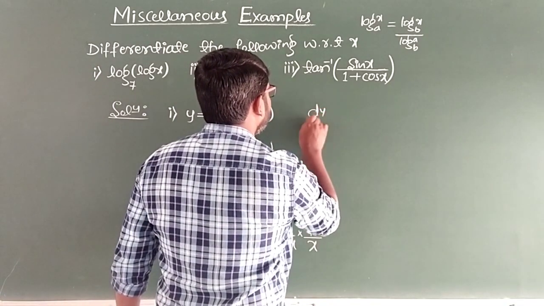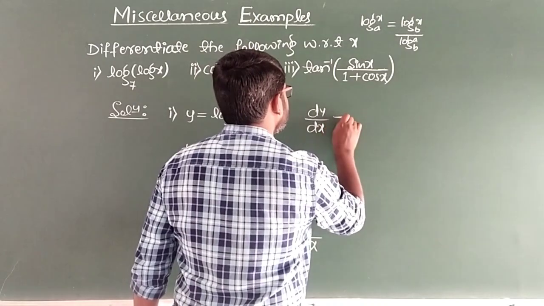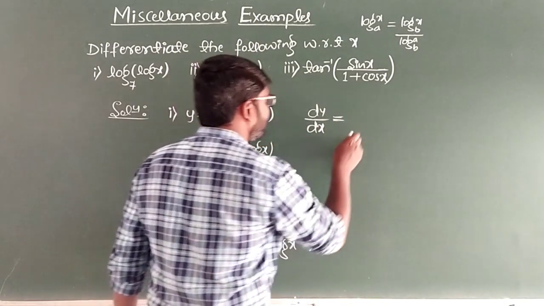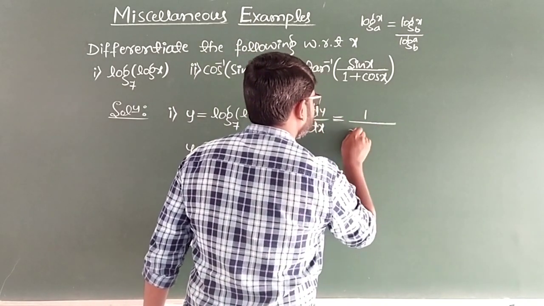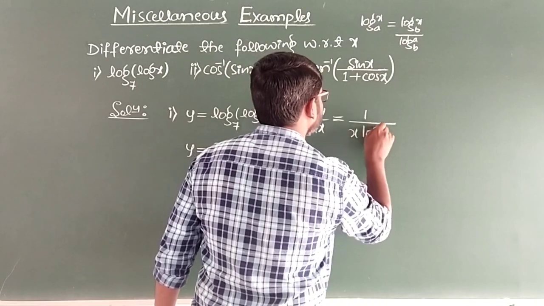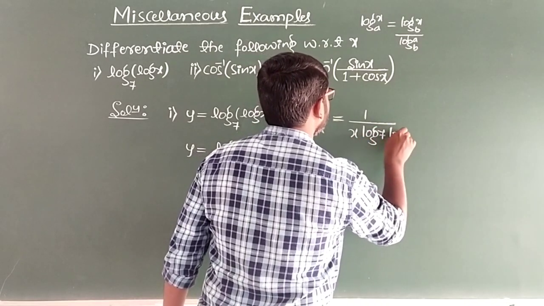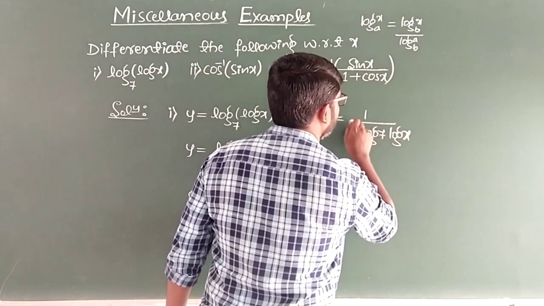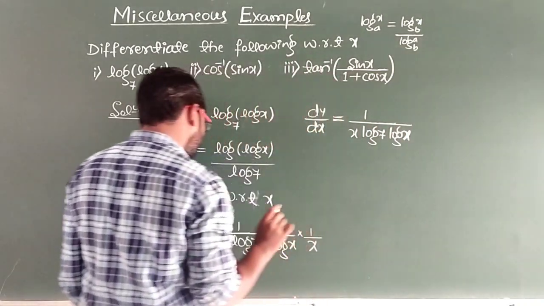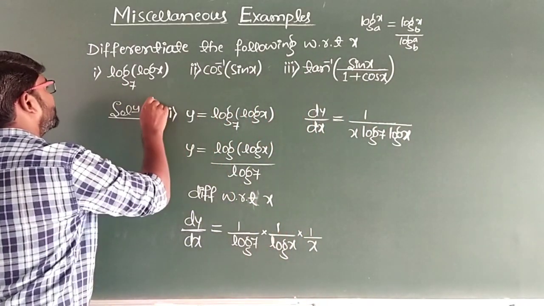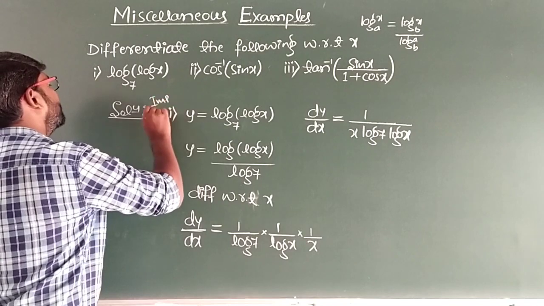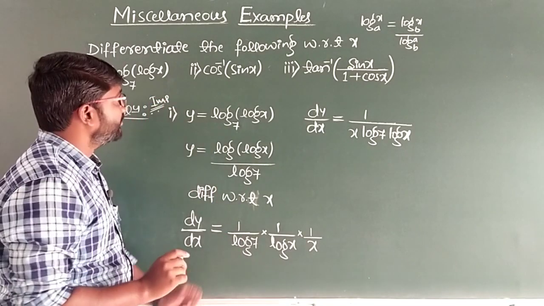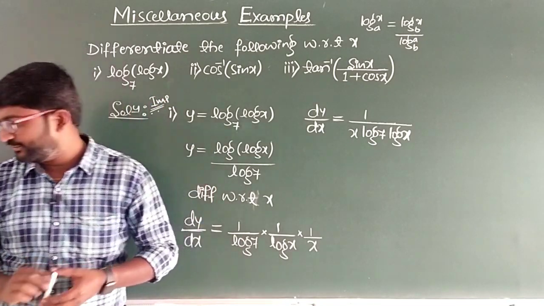We get dy by dx which is equal to, overall, 1 divided by x into log 7 into log x. So mark this as important. This is going to be very important for the annual exam. Note down this, then we'll take up the Roman number 2.